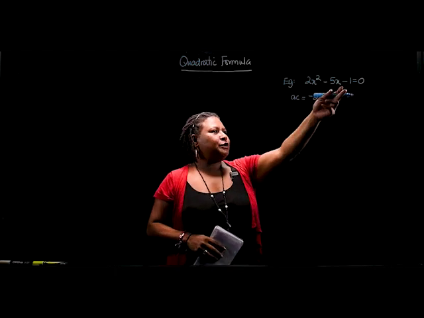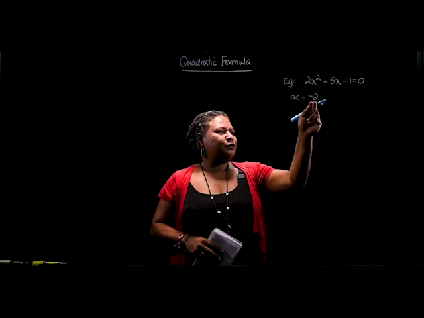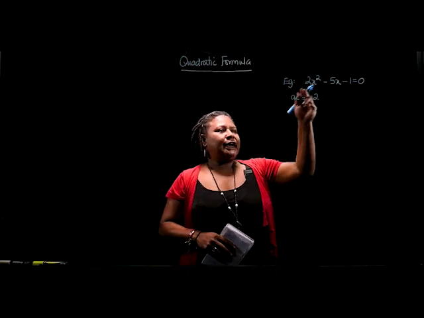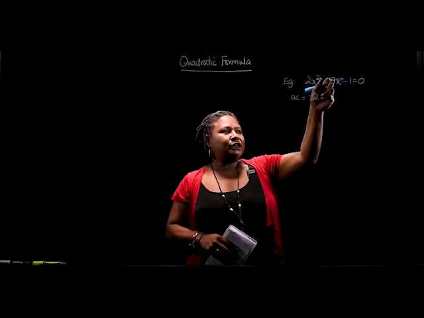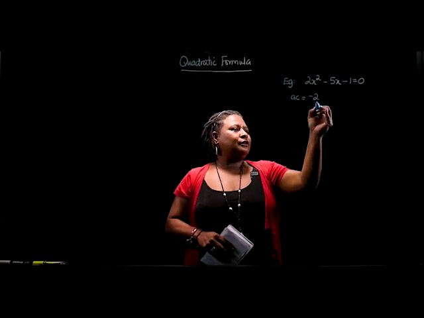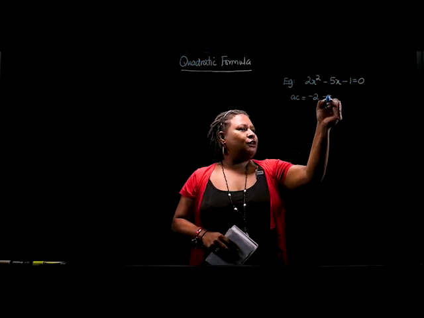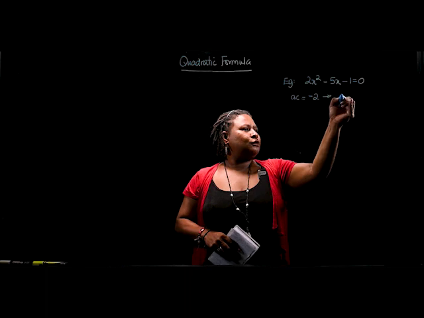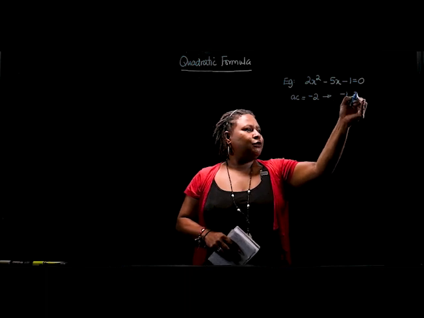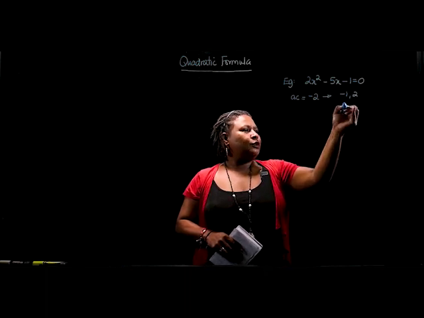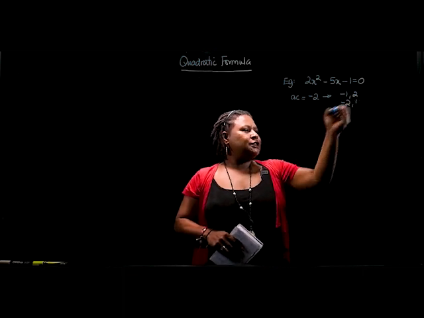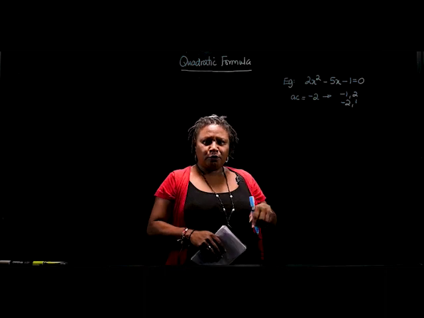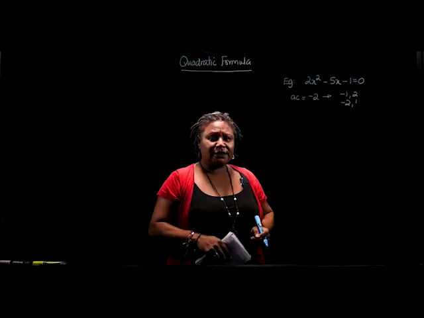Once we have found AC, we find the factors of AC that will give us a sum of negative 5. Factors of negative 2 include negative 1 and positive 2, and also negative 2 and positive 1. So we have only two pairs of factors for negative 2.